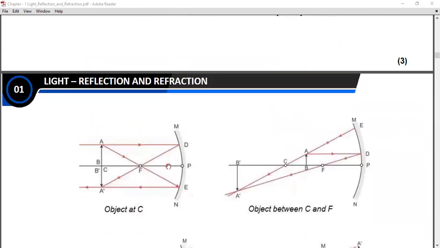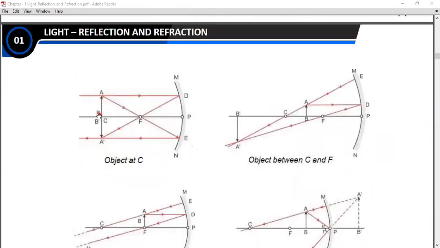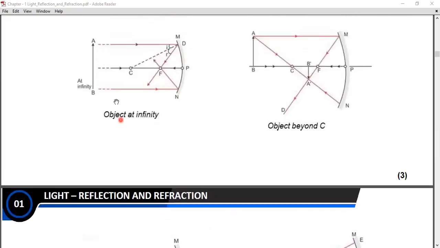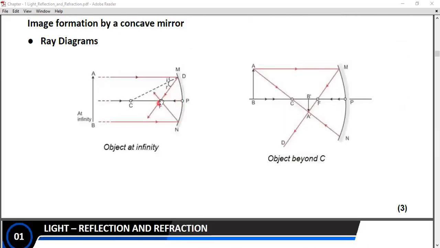And in the third case, students, if the object is kept at center of curvature, right? Say guys, object is directly kept at center of curvature for the concave mirror, you will expect image at the center of curvature only. Okay, students. But listen, guys, in the first case, the nature of image will be very small, inverted, and real.